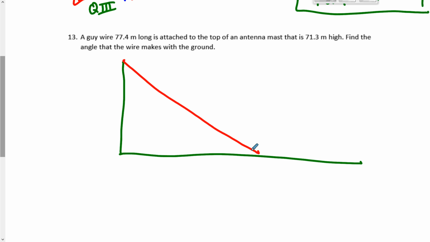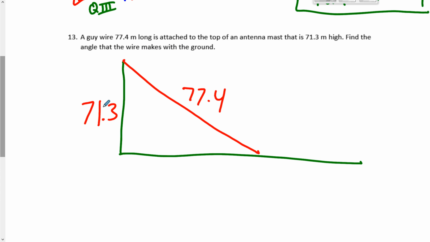Okay, this guy wire is 77.4 meters long, and the height of this antenna mast is 71.3, and we want to find the angle. Find the angle that the wire makes with the ground.